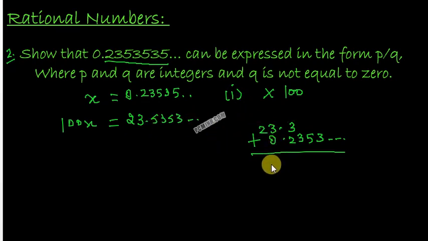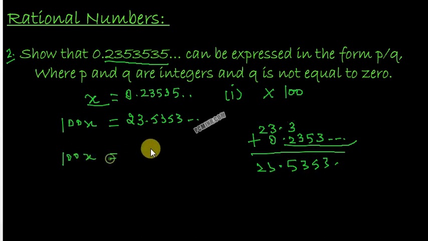So 23.3 plus 0.235 would give you 23.5353 and so on. And see, this number 0.2353 and so on is actually x. So that means we can write that 100x is equal to 23.3 plus x.